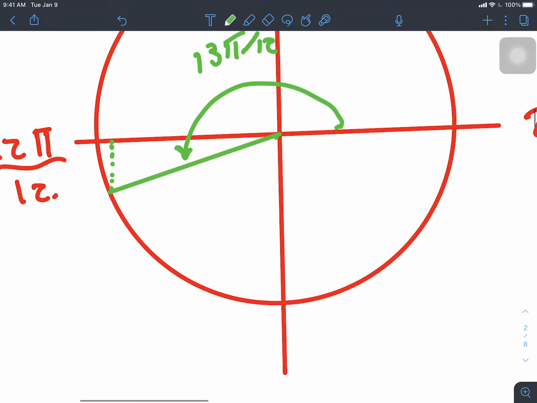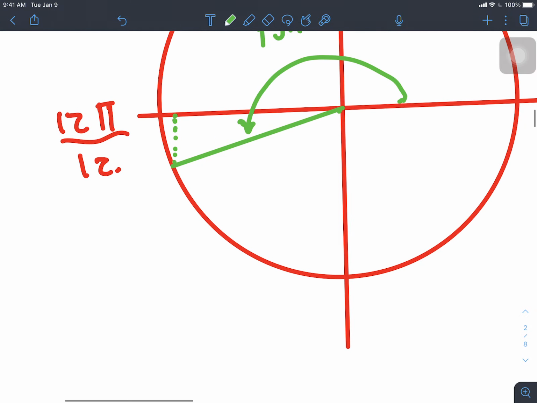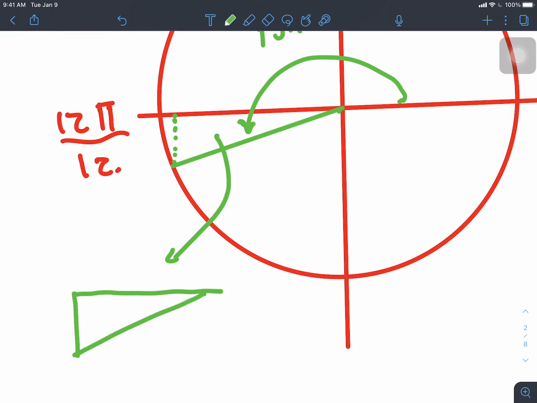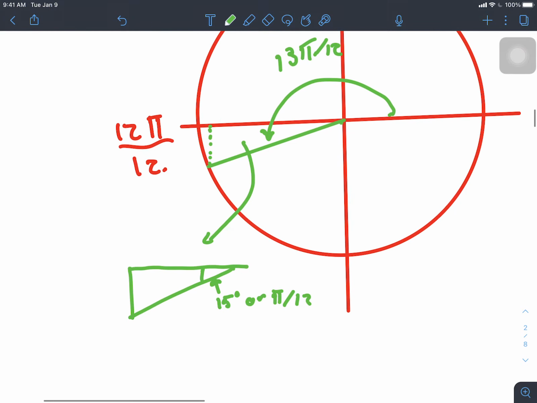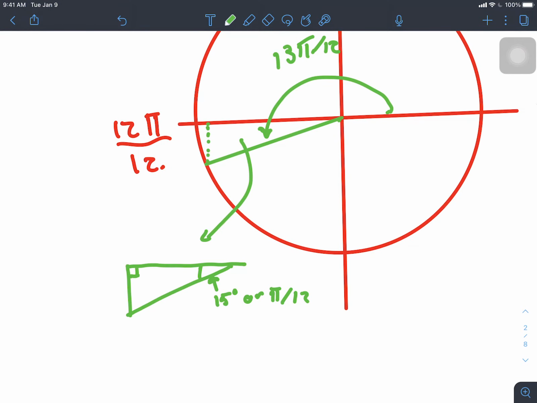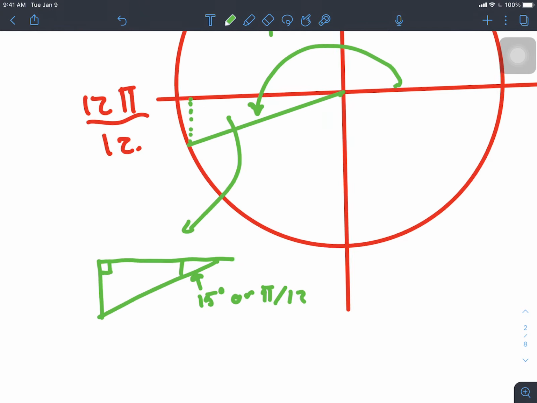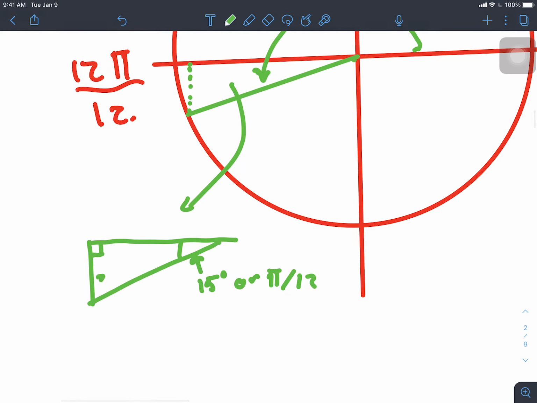In here, this triangle, we could maybe bring it out. This triangle has angle measurements: this one is 15 degrees, or pi over 12, and this one would be 90, and this one would be, let's see, 180 minus 90 is 90, minus 15 would be 75.